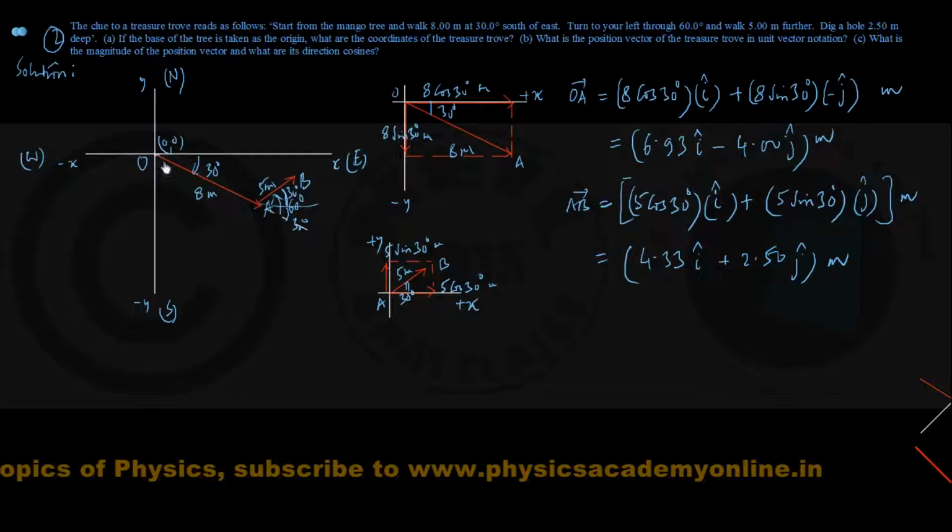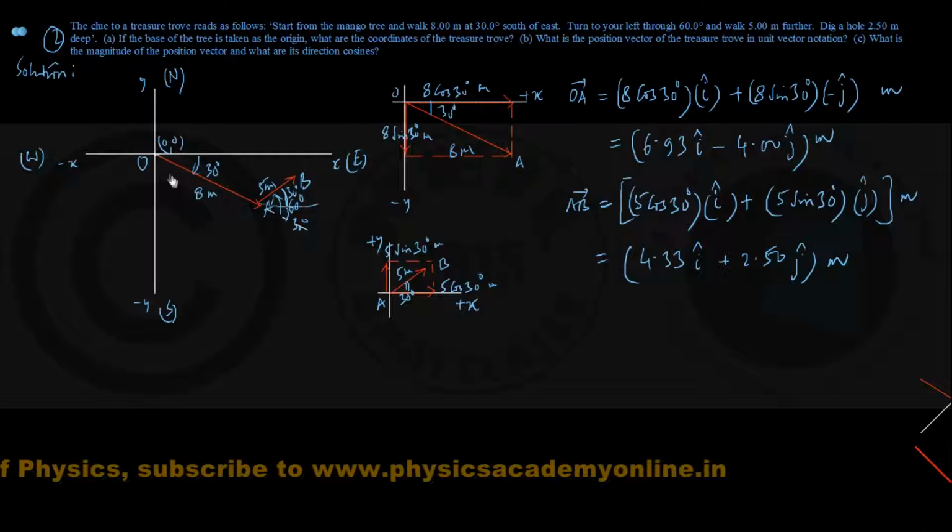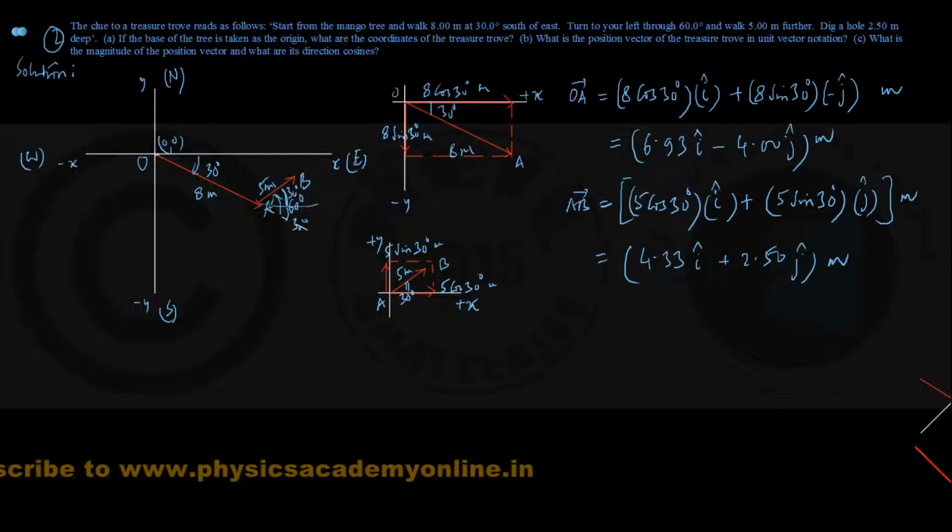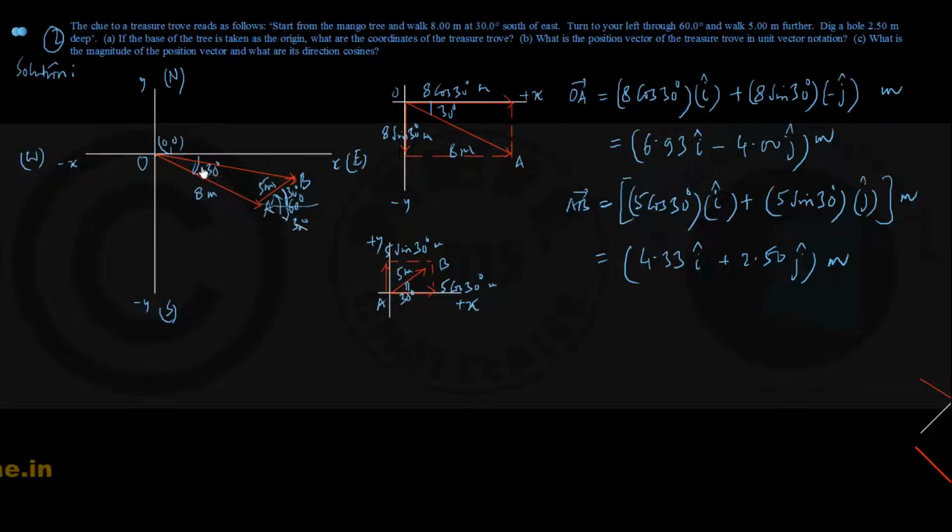As the hunter has traveled on the ground level through these two displacements OA and AB, by the triangle law the net displacement of the treasure hunter on the ground can be expressed by this closing side in reverse order, that is the side OB here, isn't it?